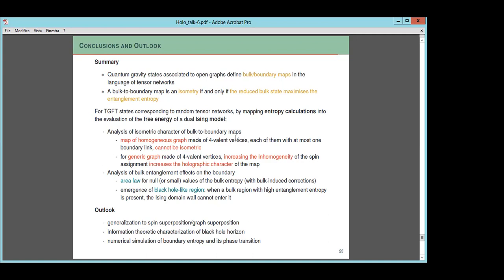And then we analyzed which is the effect on the boundary of having quantum correlations, entanglement between the bulk intertwiners.